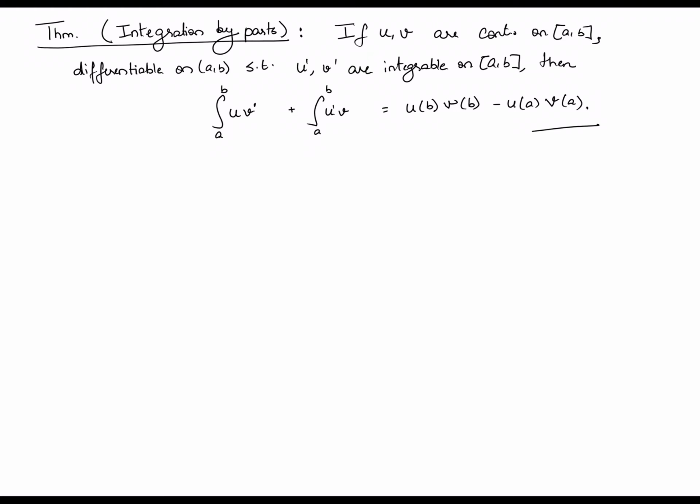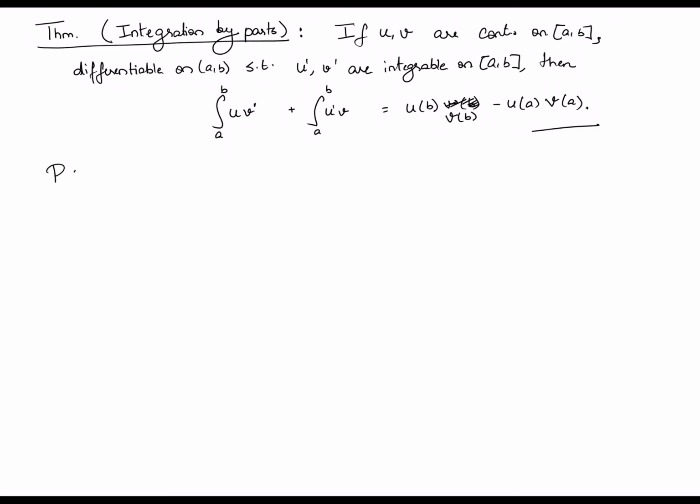In that case, the integral of u v prime plus the integral of u prime v is equal to, if you look at the product function u times v, the evaluation of the product function at b minus the evaluation of the product function at a. Okay, so that's your statement of the integration by parts result.